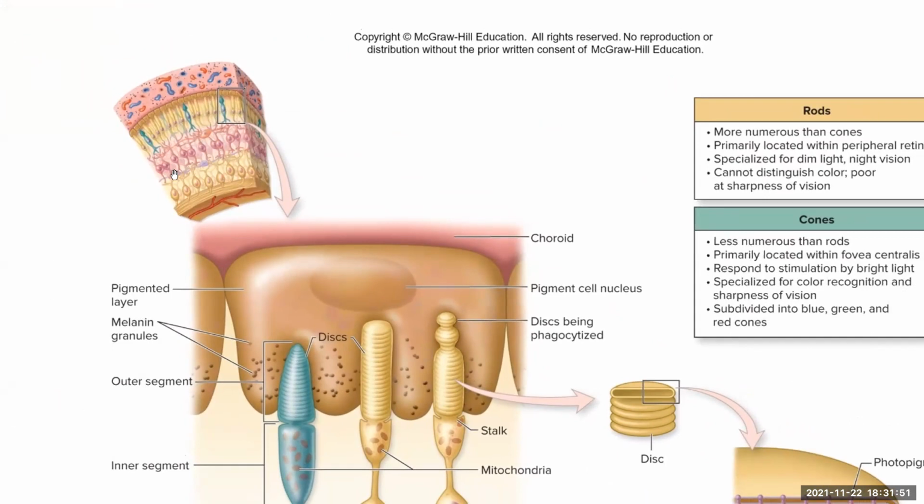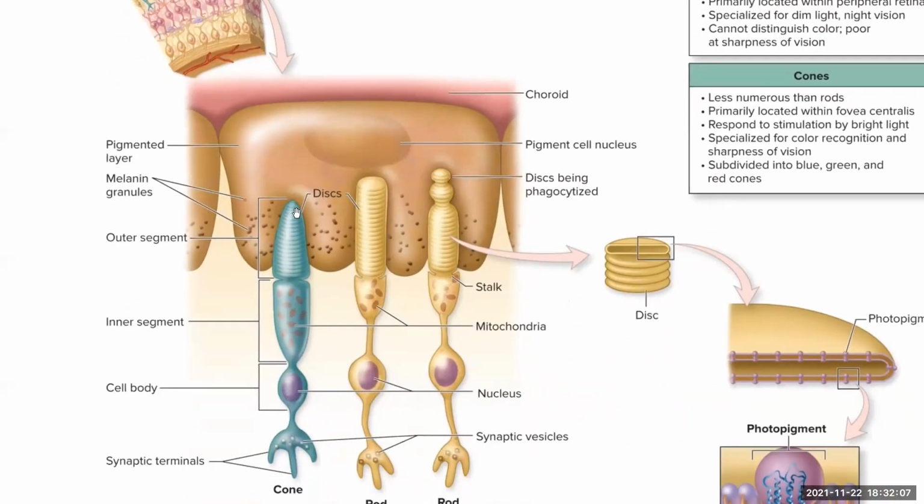It's got the neural layer, which is made up of all of these cells here. And then it's got the pigmented layer, which is this little spot right here. You see those brown cells there? That's the pigmented layer. So the outer segment of our photoreceptors are embedded here into the pigmented layer.